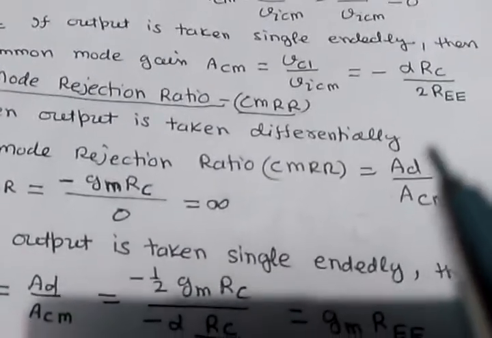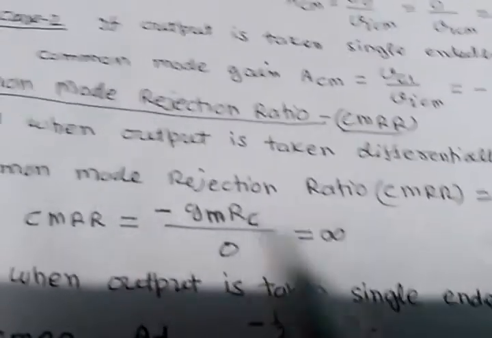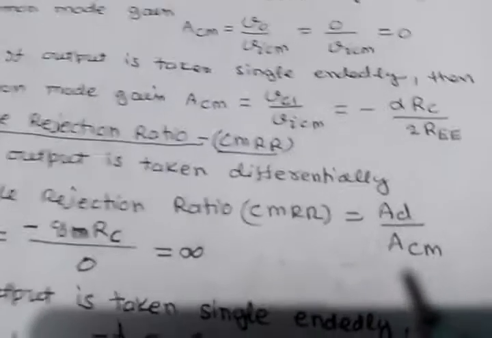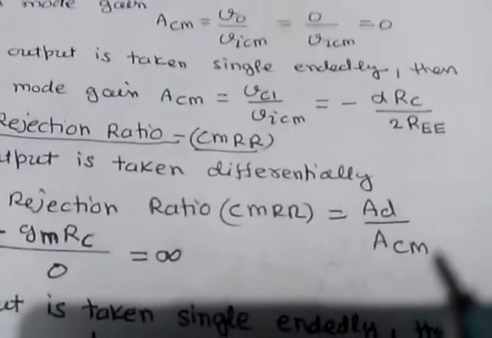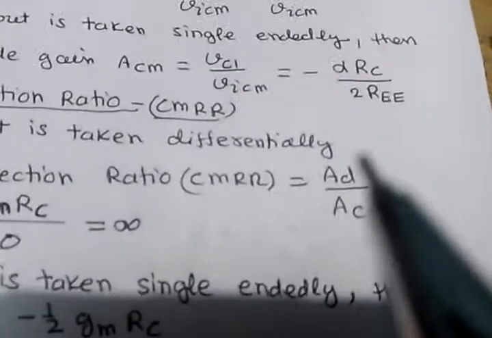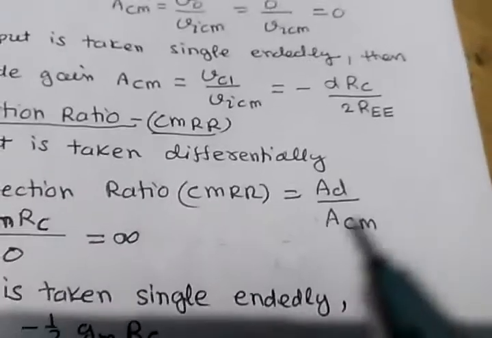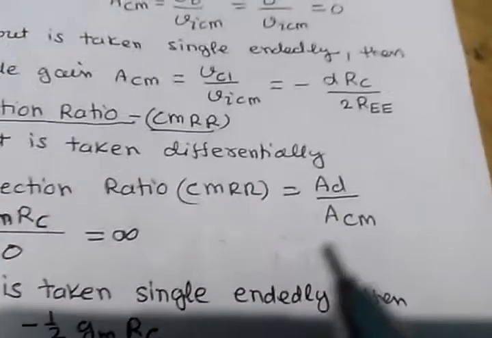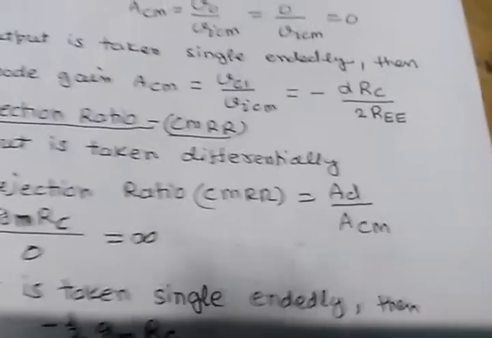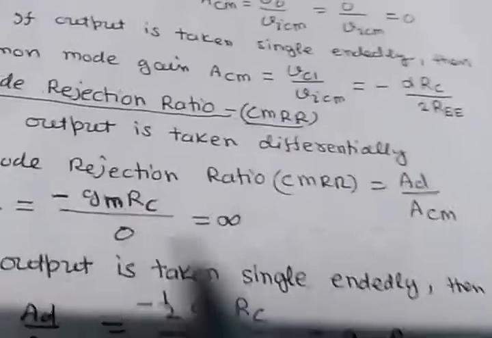In that case, differential gain we have calculated already, minus gm RC. This is the common mode gain in case of output is taken differentially. Here AD and ACM both gains are taken differentially. Common mode gain ACM is 0 in case of output is taken differentially, so it will be infinite.